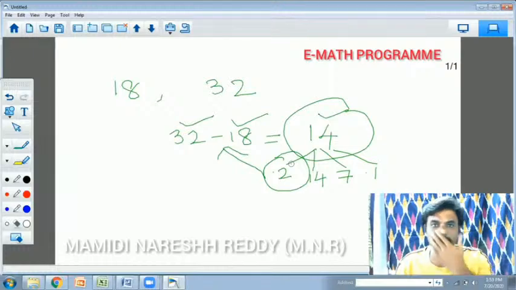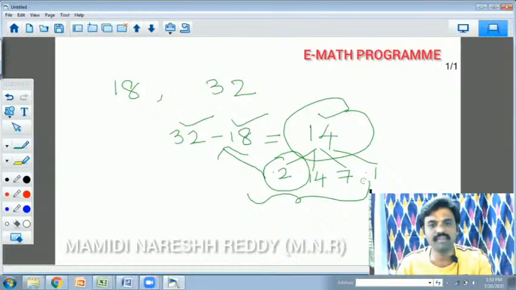For example, if in these 4 factors of 14 none of them is a factor of 32 and 18, then finally we need to take 1 as the GCD. Got the point? As we have got 2 as the common factor of 32 and 18, here 2 is considered as the GCD.